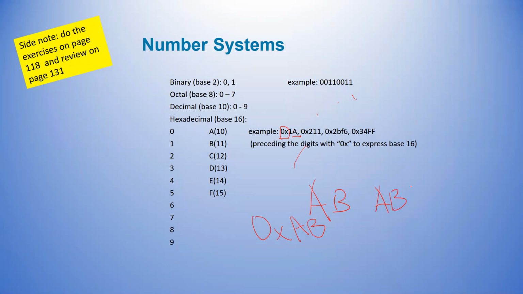I did not give you that, but you can do that also. This means hexadecimal. Those are the two ways to signify they are the hexadecimal system. Okay, any questions?